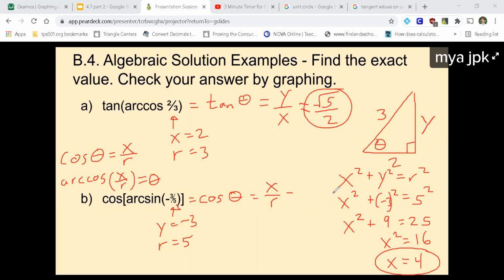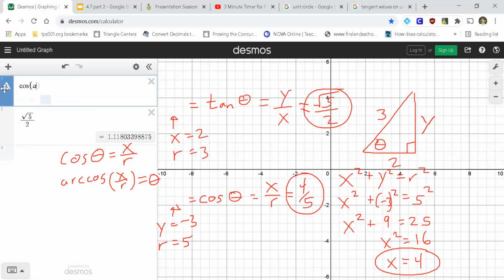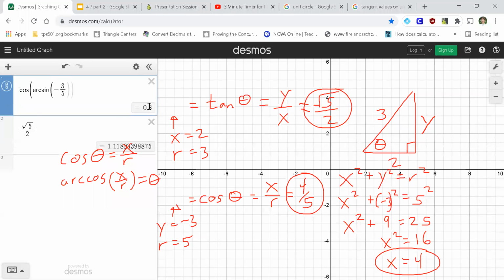So the answer is 4/5. Again, if we type it in to check, cosine, arcsine, -3/5, you get 0.8, which is 4/5.